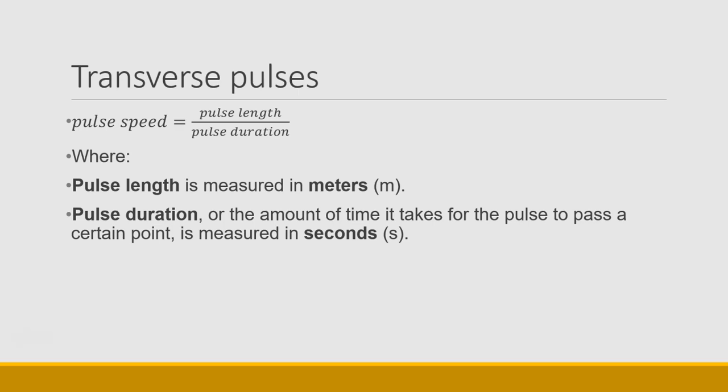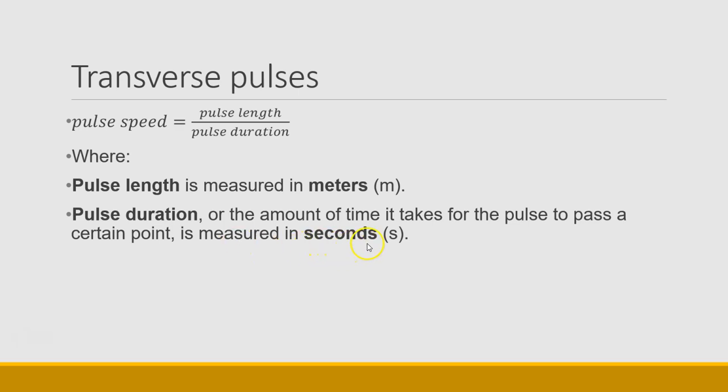So imagine that you're standing on the side of the road and a car passes you by. The length of the car would be the equivalent of the pulse length. And as you stand on the side of the road and the car reaches you in the front and then passes you and leaves you from its back, that amount of time would be the equivalent of the pulse duration.